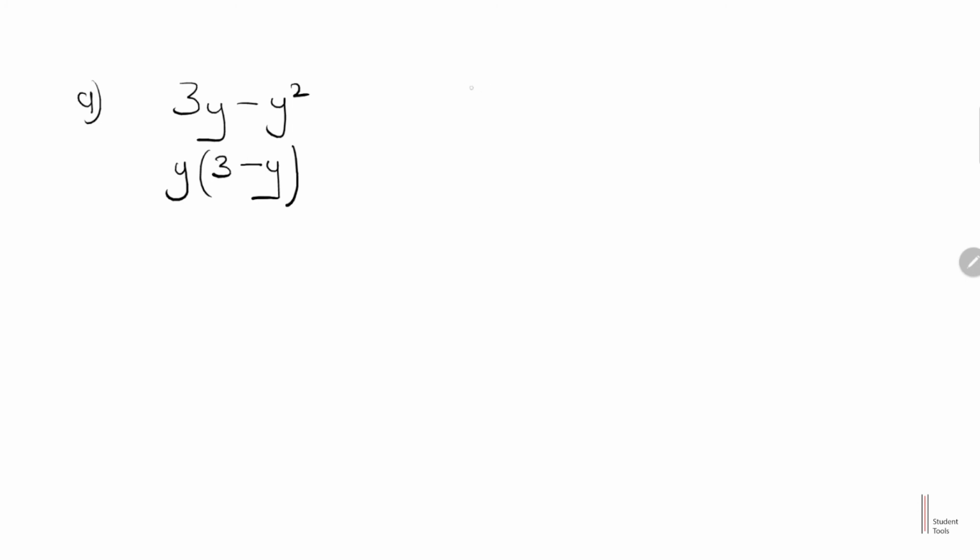And then we have b. b says we must simplify 3y minus y squared over 9 minus y squared. All right, so to simplify this, I think we also have to factorize.